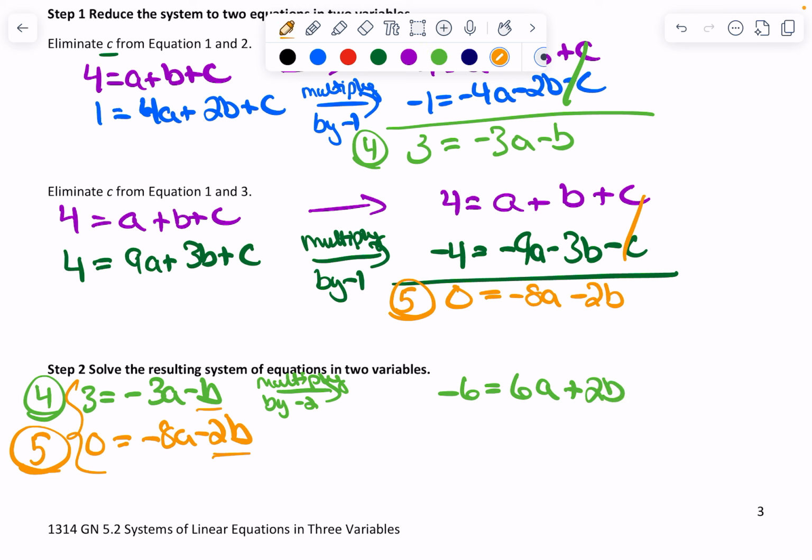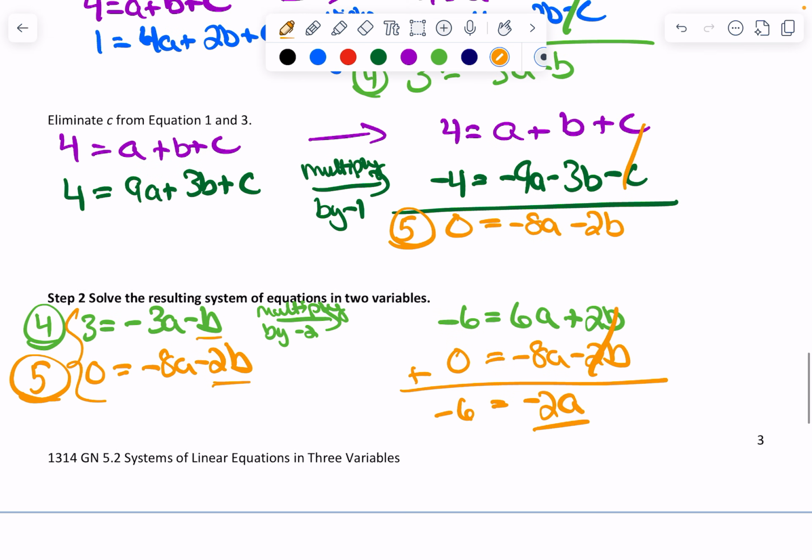And then the fifth one is 0 equals -8a minus 2b. We're going to go ahead and add. So -6 plus 0 is -6. 6a minus 8a is -2a, and the b's cancel each other out. We divide by -2, and we get a equals 3. So we got our first one.